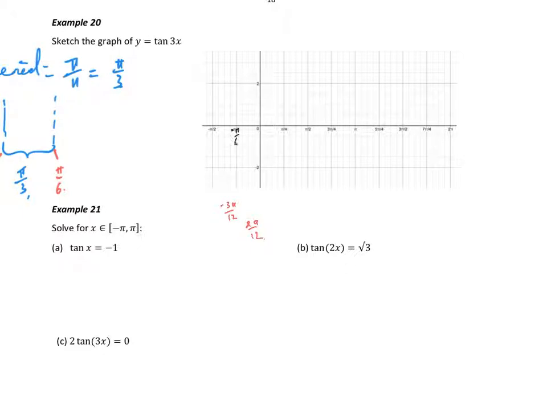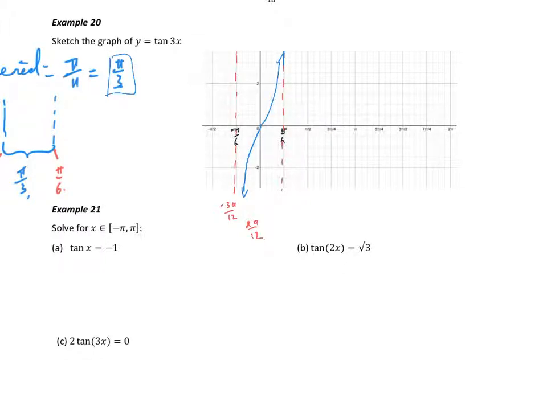Negative pi on 6, pi on 6. Yeah, I reckon that works better, because that's sort of the way in which I want you to do it anyway. Just put a cycle in, and my tan graph comes up to there and goes down to there. So the period is pi on 3.